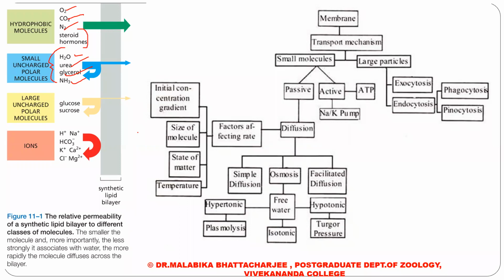Now, the rate of diffusion, how fast these molecules diffuse through the membrane, varies, and it depends on the size of the molecule. That is evident because the smaller the size, the faster it diffuses through the membrane. That is one thing. And the other is relative hydrophobicity. What do we mean by hydrophobicity? How much it is soluble in oil.